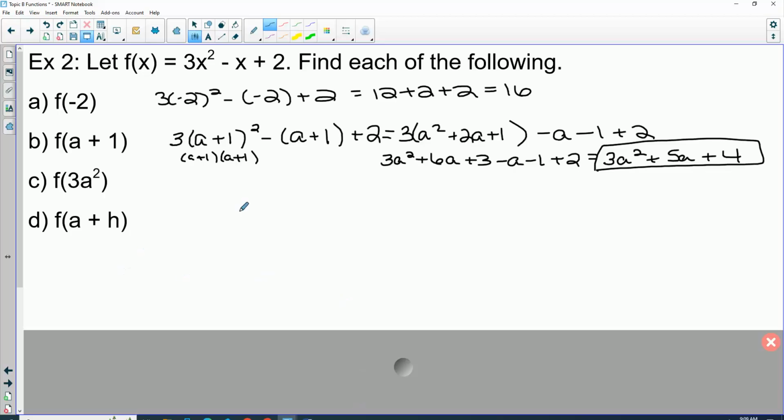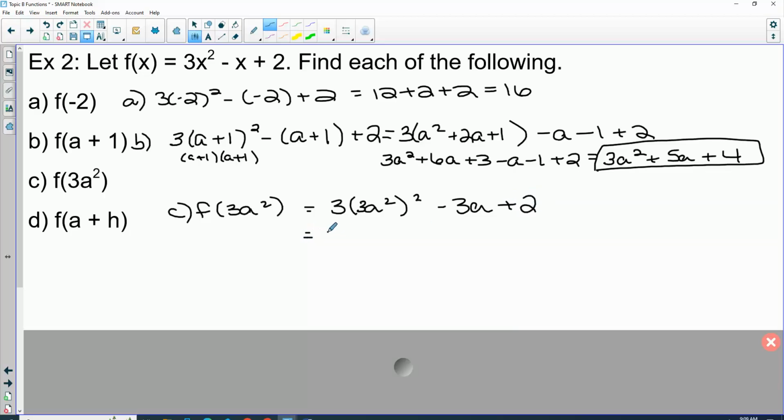So a couple more on here. So see if I do f of 3a squared. Each of my x's gets replaced with a 3a squared. So 3a squared would be 9a to the 4th.